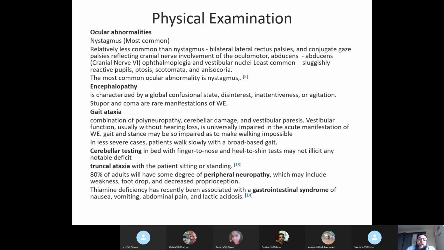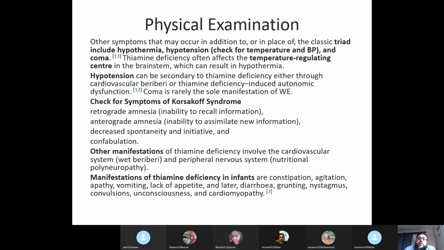Gastrointestinal symptoms can also be there: nausea, vomiting, abdominal pain, lactic acidosis. Now, in the physical examination, check for alcohol withdrawal symptoms.